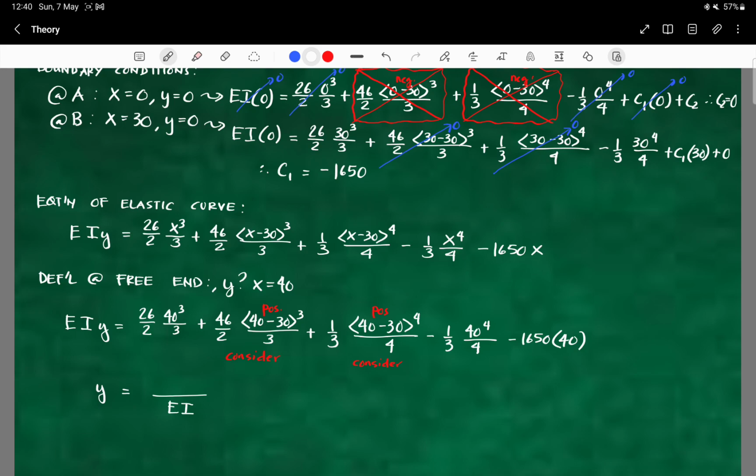So our value is 6,500, and this is a positive value.